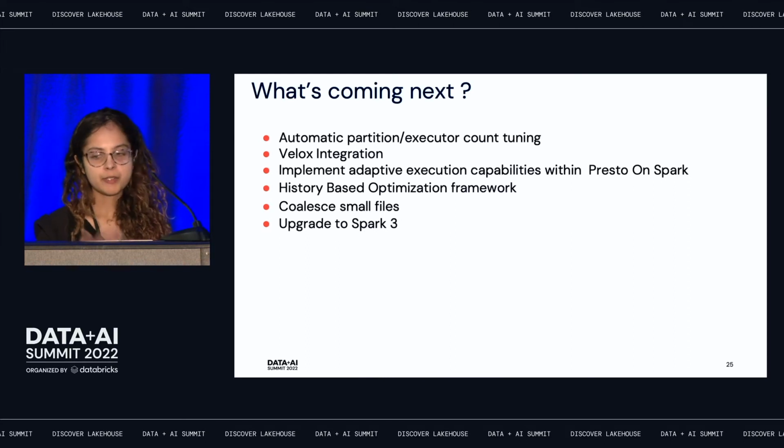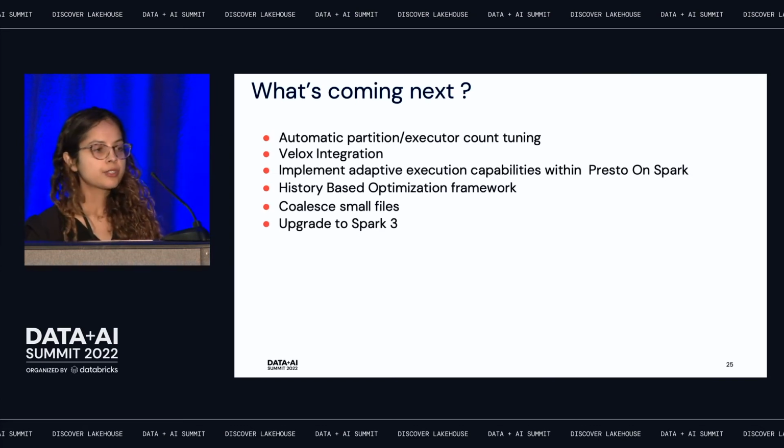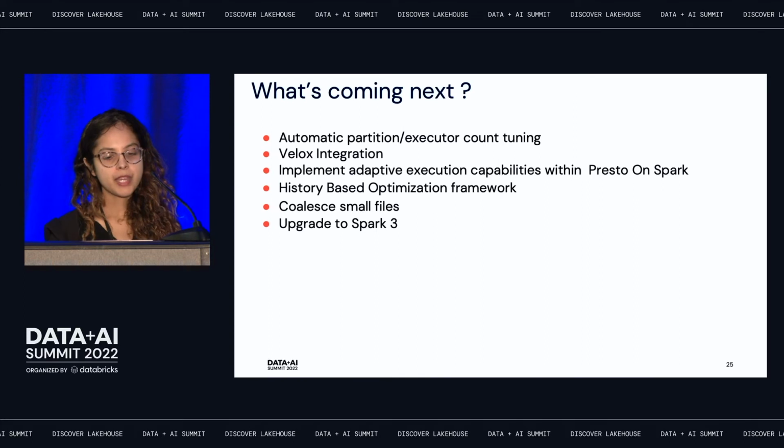Spark's adaptive execution capabilities are also being implemented in Presto. You can coalesce small files and upgrade to Spark 3. Presto on Spark currently uses Spark 2, but there's a plan to migrate to Spark 3. One important thing to also note is that it's revisiting the cost-based optimization framework so that it produces more correct results.